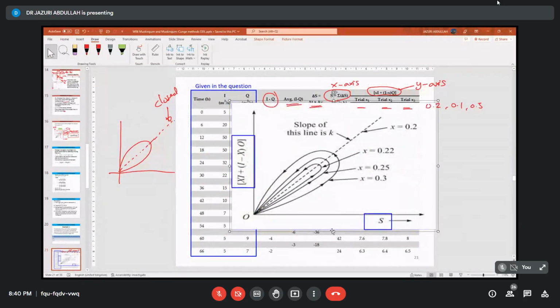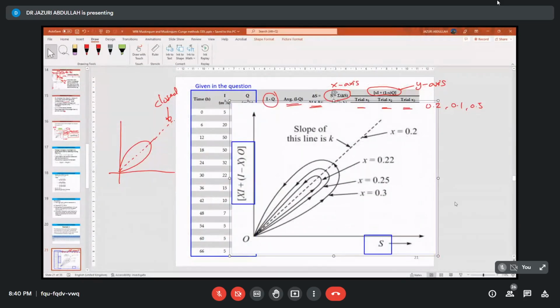If I can make it bigger. If you look into this image, you have four different axes. So you will get 0.22, 0.35, 0.3. If you use a smaller value of x, the shape gets closer to this line.